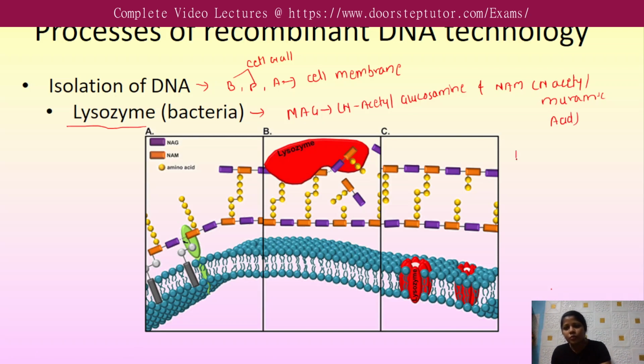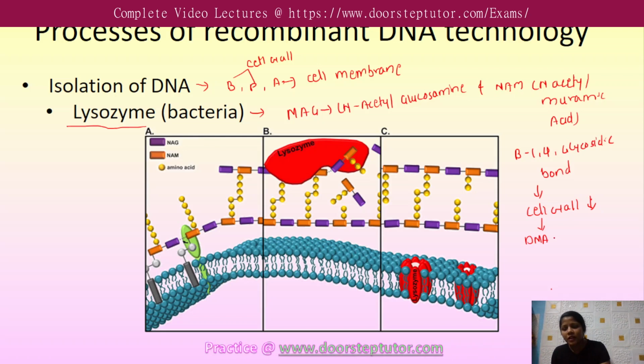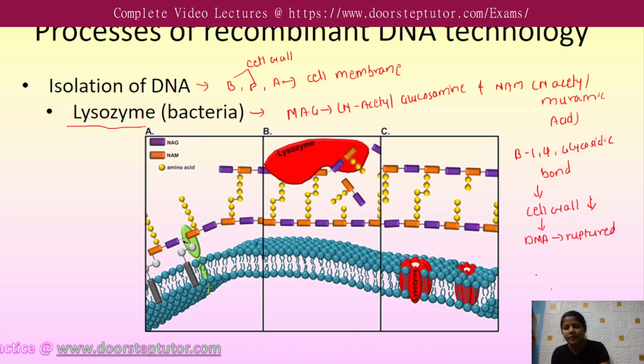The bond between the two is a beta 1,4 glycosidic bond. Lysozyme breaks this bond and makes the cell wall unstable, reducing its stability. Hence, we can easily take out the DNA from the ruptured bacteria.